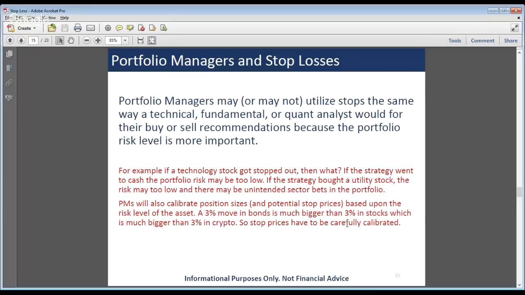So a 3% loss in a bond is a much bigger deal than a 3% loss in a stock, which is a much bigger deal than a 3% loss in crypto. That could happen in crypto for literally no reason. So you have to keep in mind that each asset has different volatility, and you have to calibrate your stop losses to take that into account.